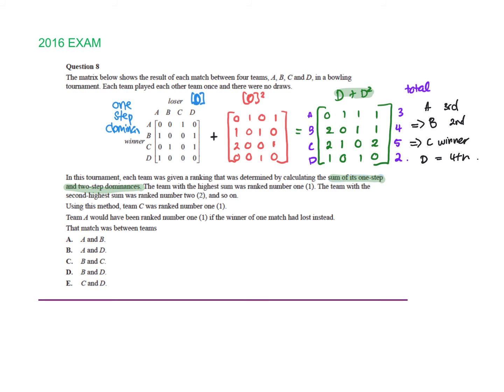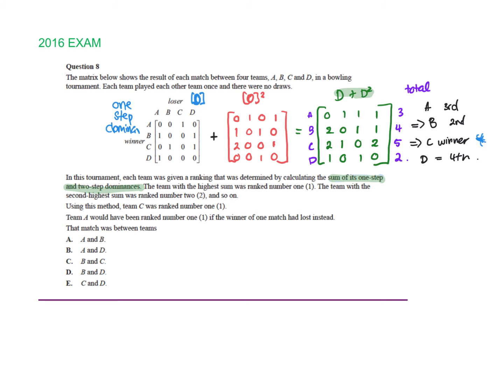So what I did is I've already entered it into my calculator, and this is question 8, so you're going to spend a bit of time. So I've put this dominance in, and I've had a look because they told me C was 1. But I did that, and I put it in to have a look at who, because they said A would have won if one game was changed.